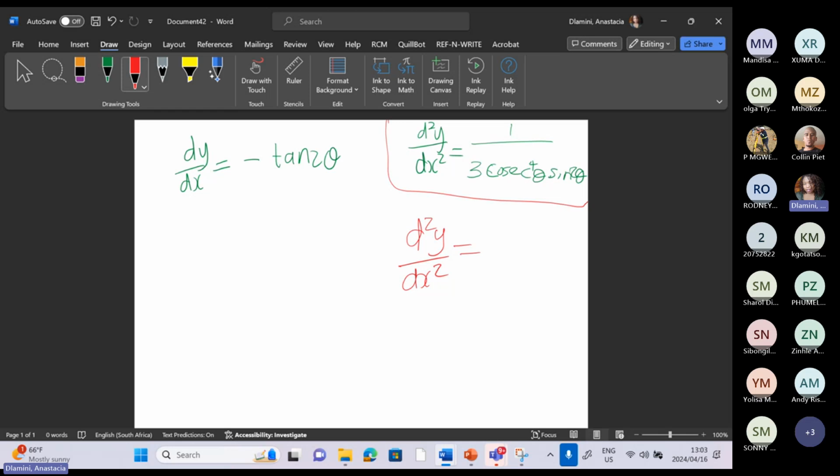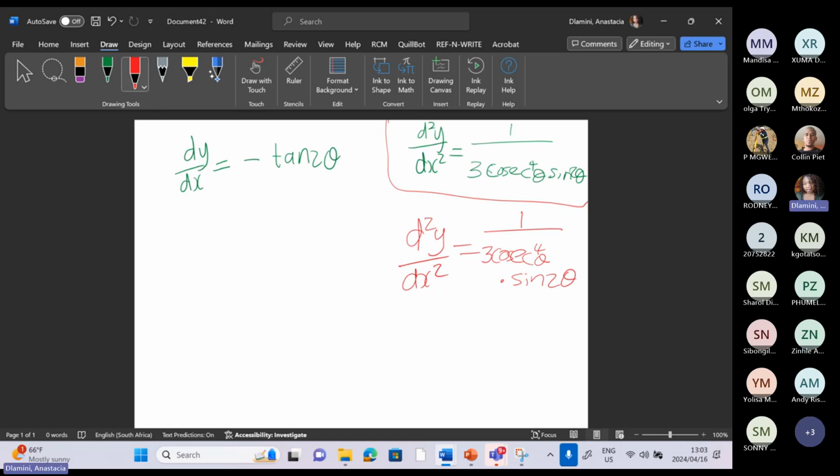So I got 1/3 cosec to the power of 4 theta times sine 2 theta. That's what I got. Okay, but ma'am, with mine it's a 3 sec 4, not cosec. It's sec. Yours is sec 4. Yes, sec 4 times cosec.